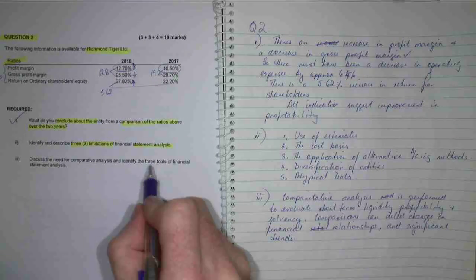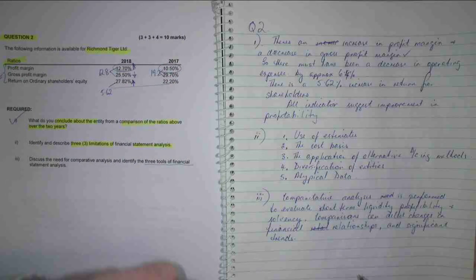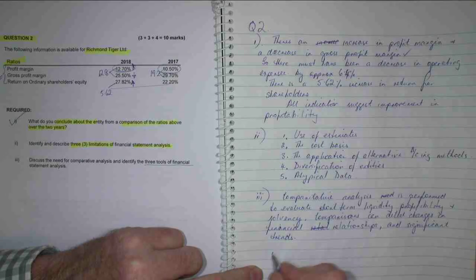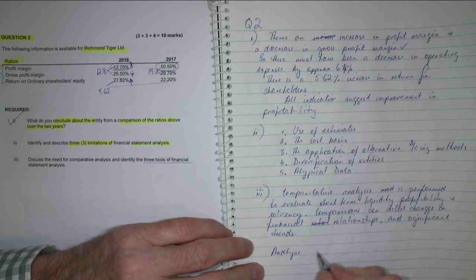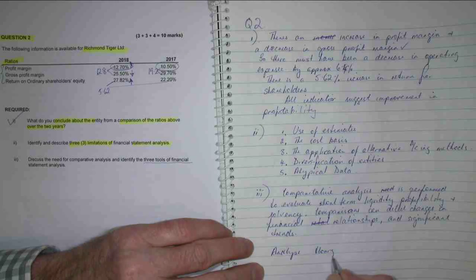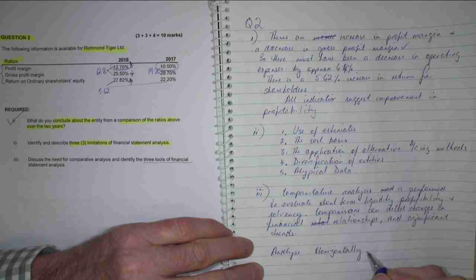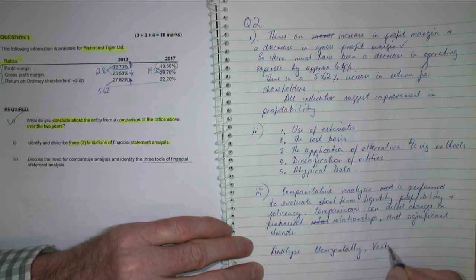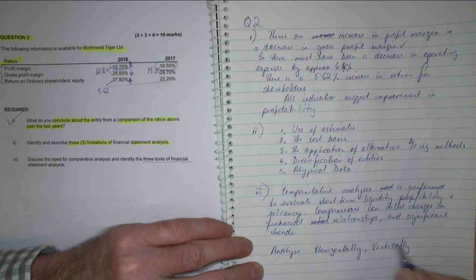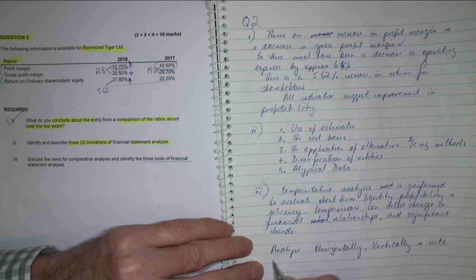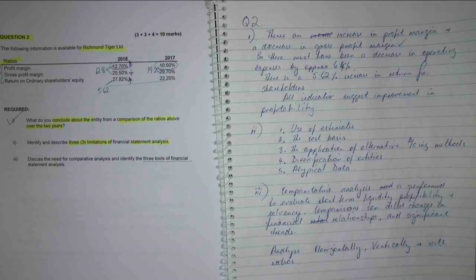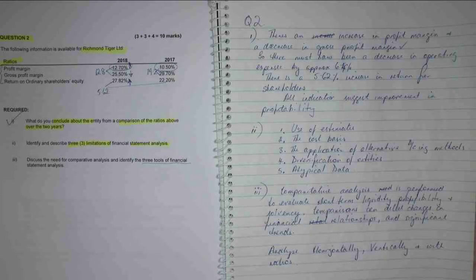Now, what are the 3 tools of financial statement analysis? We can analyse horizontally, vertically, and with ratios. And that is question number 2 done.